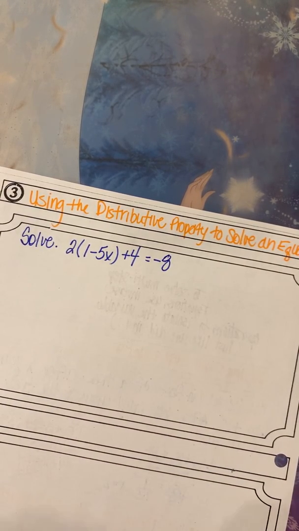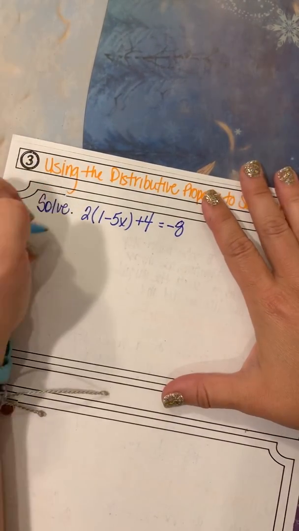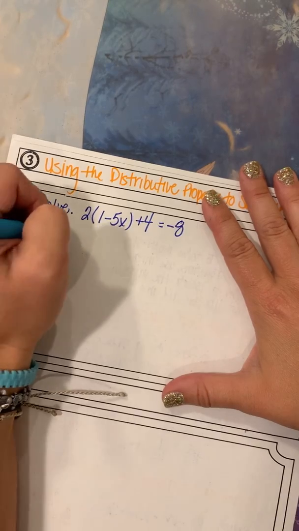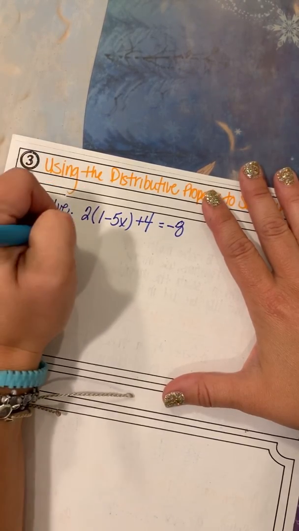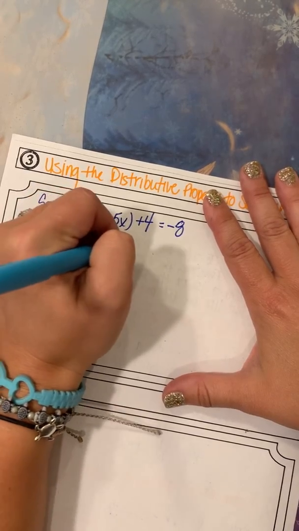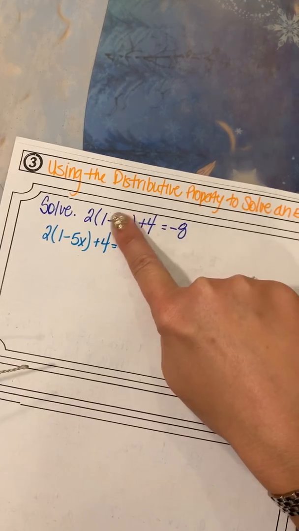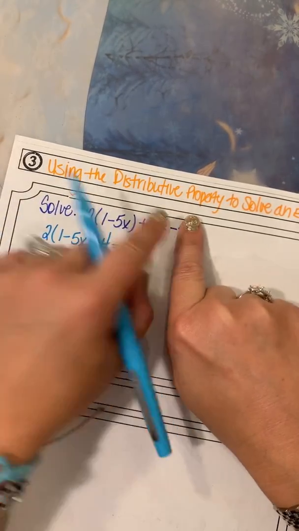So as always, our first thing is to always rewrite the problem. So I have 2 times the difference of 1 minus 5x, plus 4 equal to negative 8. And it tells me what I'm doing in my heading here. It says I'm using the distributive property.